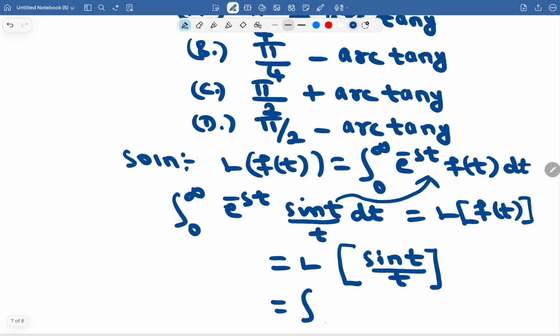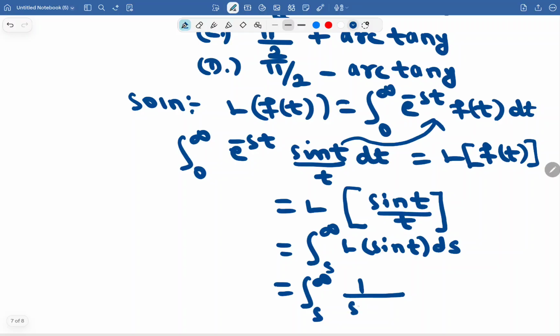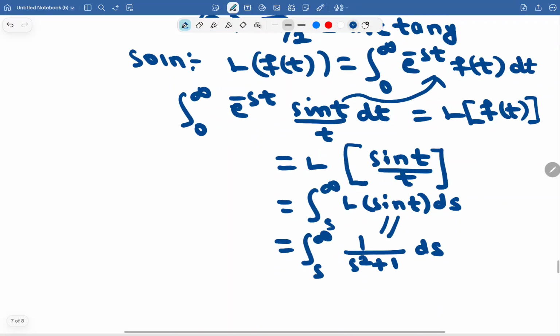This is nothing but integral s to infinity L of sin t into ds, which is integral s to infinity one by s square plus 1 into ds, because Laplace transform of sin t is 1 by s square plus 1.